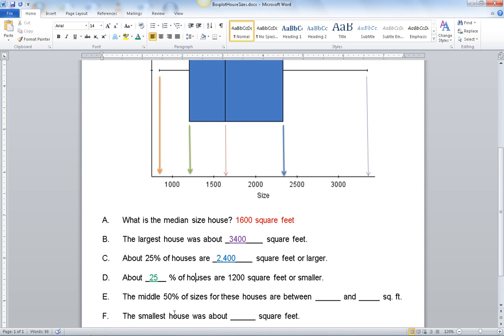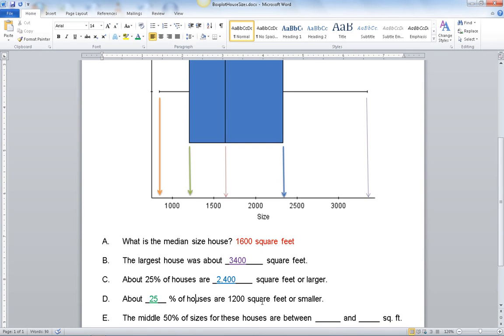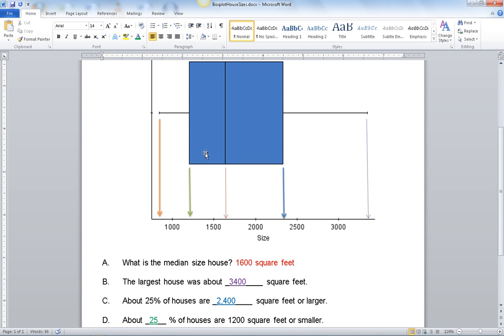Okay. Now the middle 50% of sizes for the houses, well, how do you define the middle 50%? Well, remember the first quartile and the third quartile, or 3/4 of the data, are within this region. So where the box is really covering identifies the central 50% of values in your data set.